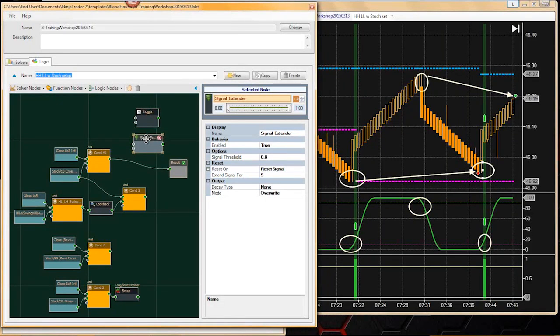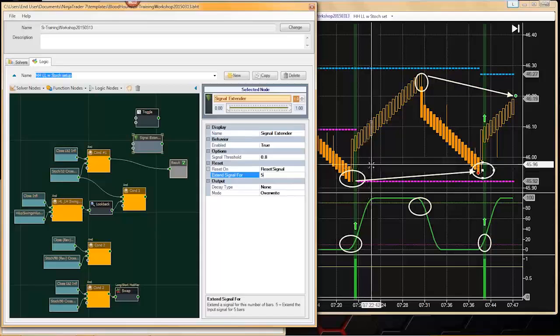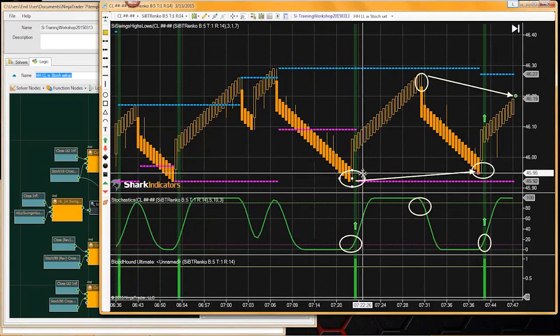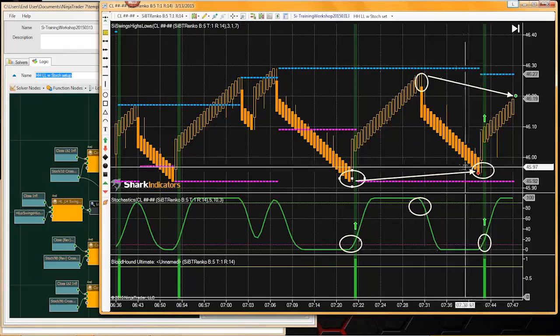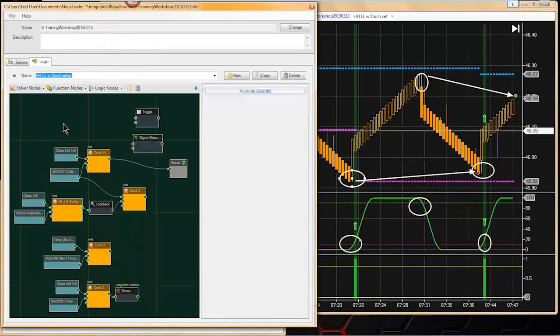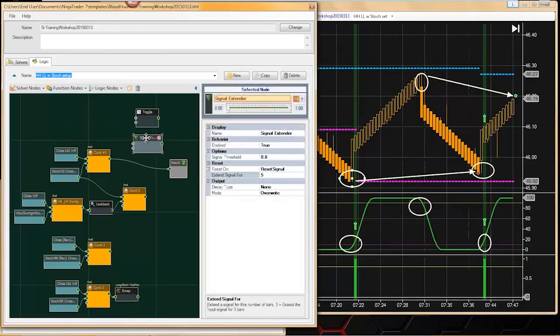But the drawback of using the signal extender is that it would only extend condition 1 forward for a fixed number of bars.